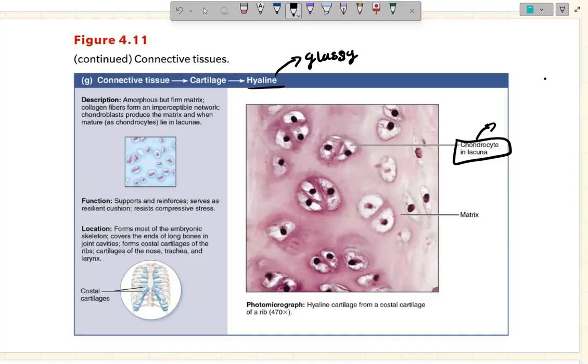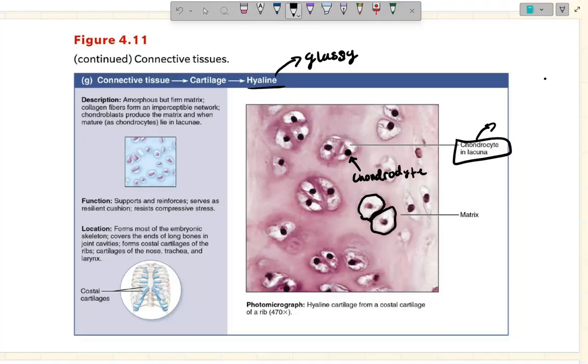But chondrocytes are always in these little lacunae. It's like these little white filled spaces here. It's just some extra space for the chondrocyte, and it helps encapsulate the chondrocyte. So the chondrocyte is going to be the dark one. Oh, that did not show up. That would be the chondrocyte. Misspelled it.